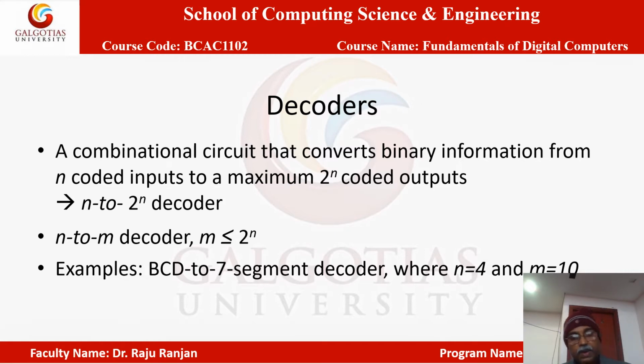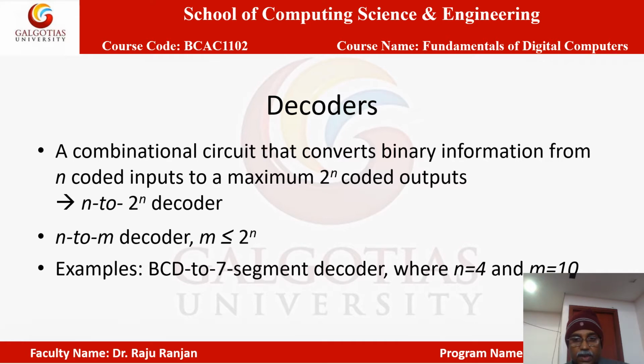Now, for example, BCD to 7 segment decoder where n is equal to 4 and m is equal to 10. In BCD you represent the digits 0 to 9, which means there are 10 different decimal numbers you represent with the help of BCD.